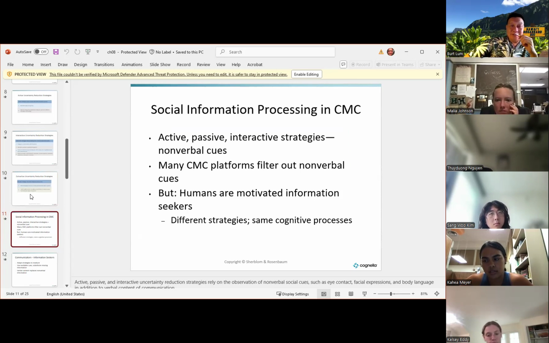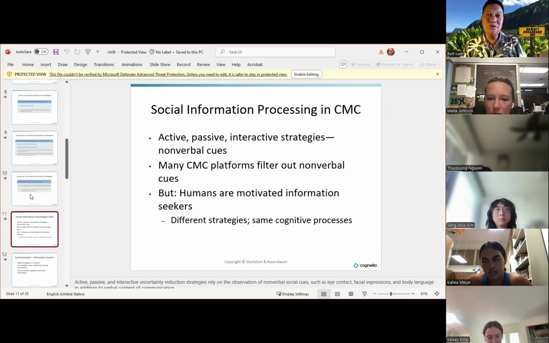And these active, passive, interactive strategies online, oftentimes there are not too many nonverbal cues. Nonverbal cues, we know of as body language or facial expressions. These are all nonverbal cues.